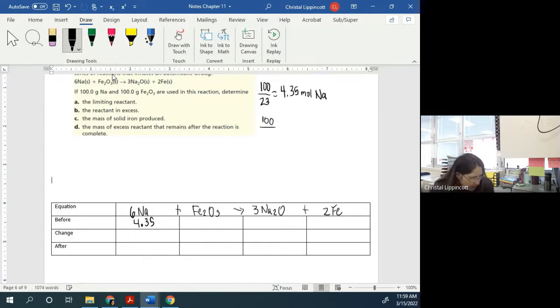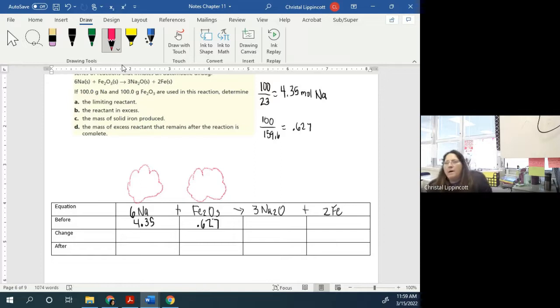So we're going to divide it by its molar mass, which is 159.6, and that ends up being 0.627. Need to figure out my clouds. I'm going to have a cloud here for my sodium, and I'm going to have one here for my iron 3 oxide.